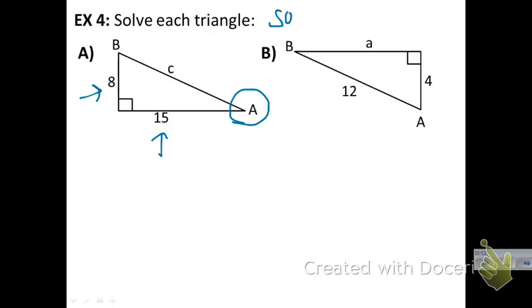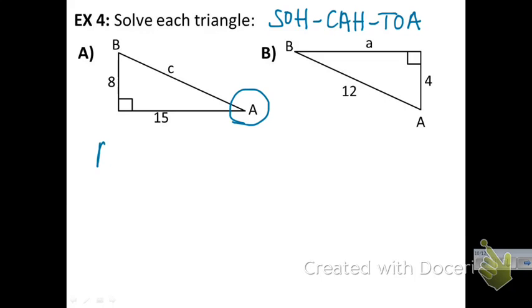So in our little formula, or our little help here, SOHCAHTOA, there is only one function that allows us to use both the adjacent and the opposite, and that's tangent. So when we go to set up our equation, we're only going to use tangent.